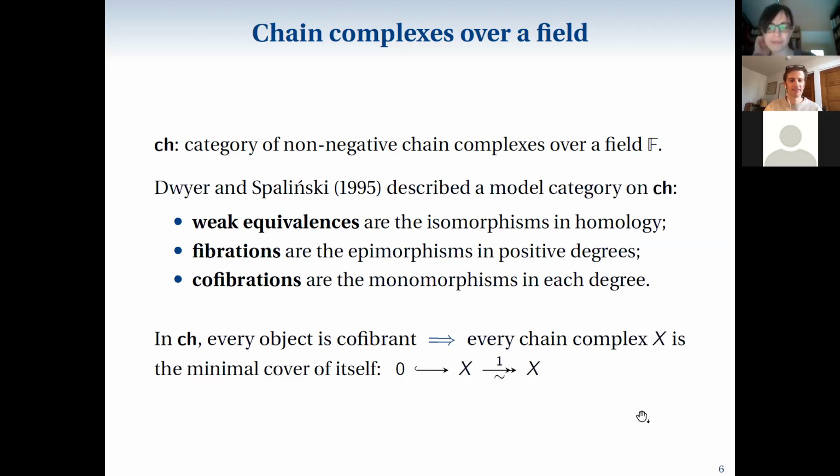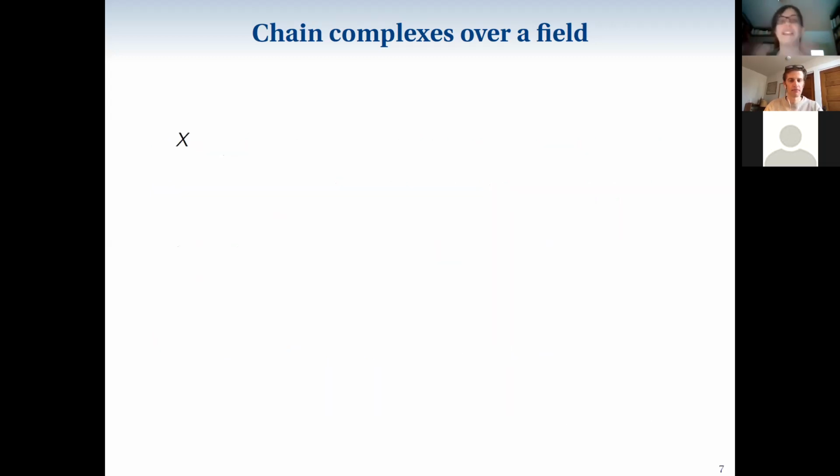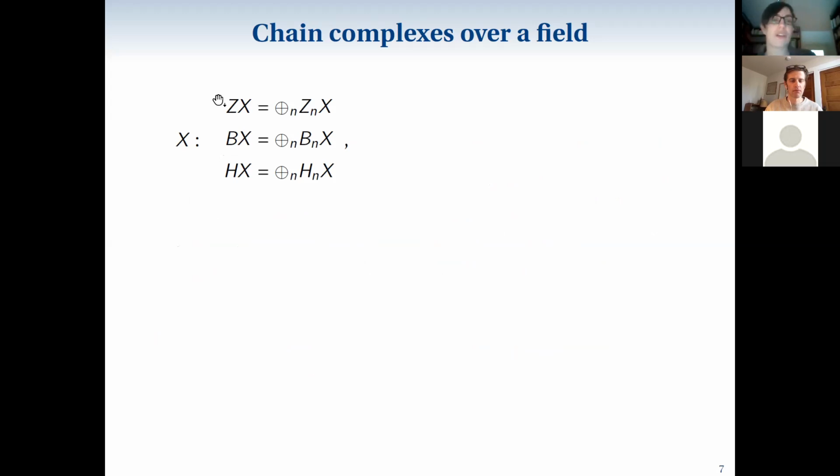Okay. Now, let's see what we can construct once we have these nice chain complexes. Quite a lot. So given a chain complex X, I want to define three other chain complexes of X. The first is given in any degree by the cycles of X, and I can write it as a direct sum because it has a zero differential.